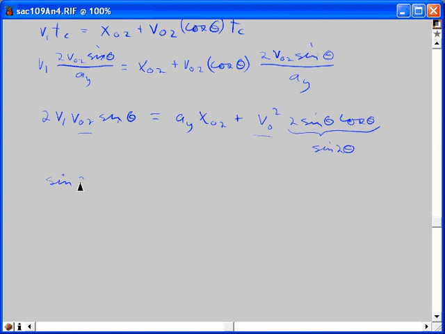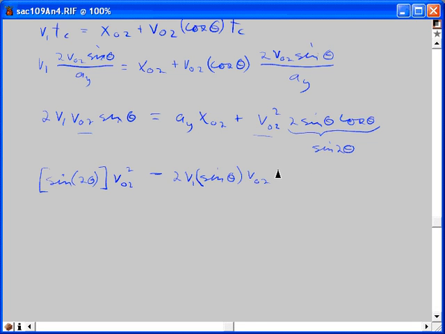I'm going to write down the right-hand side there. Sine of 2 theta times V02 squared. And then I'm going to subtract this from both sides. So remember, I'm writing down the right-hand side. So that'll be 2V1 sine theta times V02.